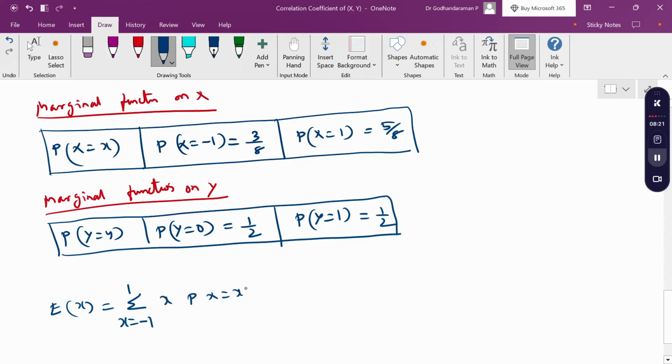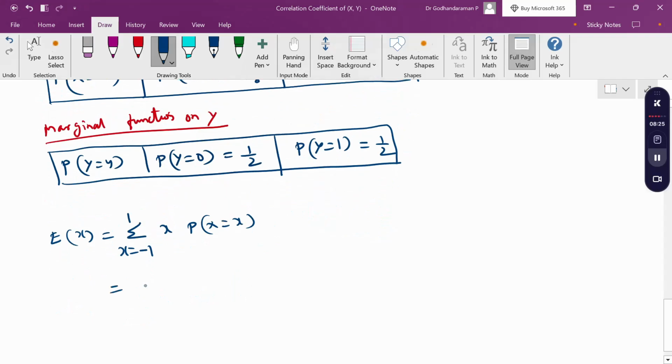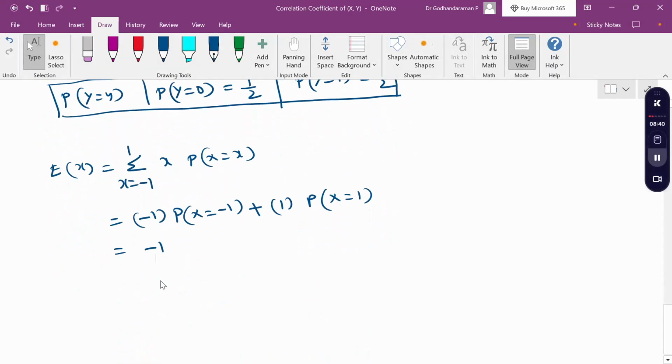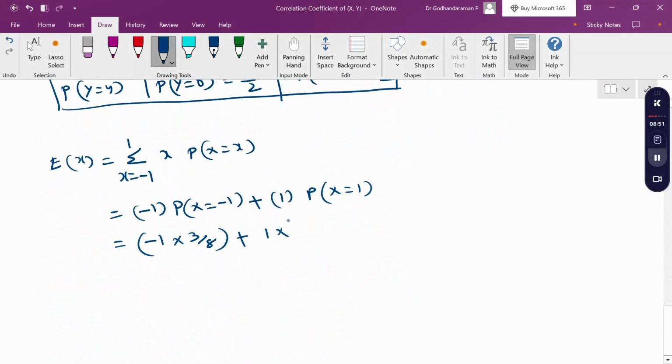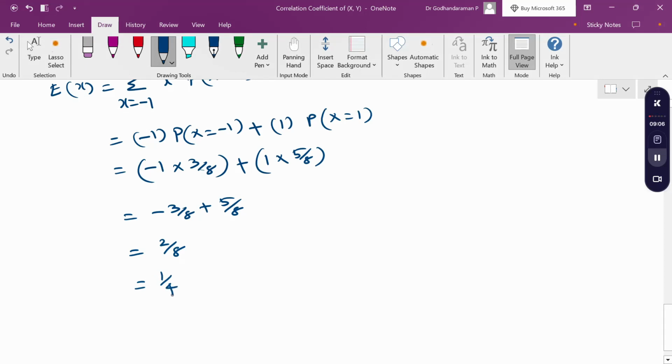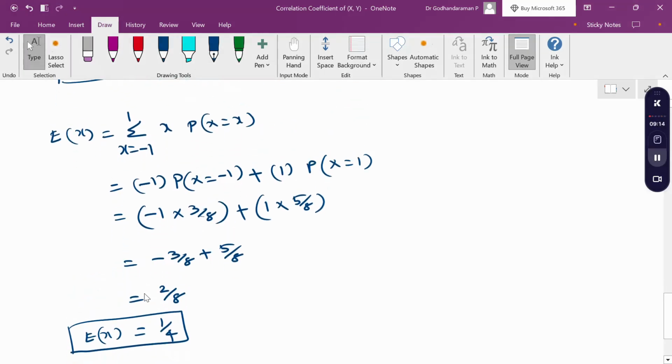Substituting, we get -1 times 3/8 plus 1 times 5/8. Therefore -3/8 plus 5/8 is 2/8, which is 1/4, the expectation of X. Similarly, expectation of Y.